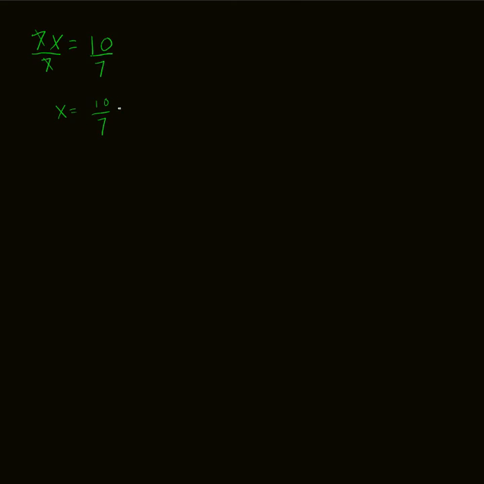So how do we get this into a mixed fraction? Well, 7 goes into 10 one time, so we'd have 1, then we'd have 3 left over, so 1 and 3/7. If you can get it to me in this type of form, I would be completely happy with that.